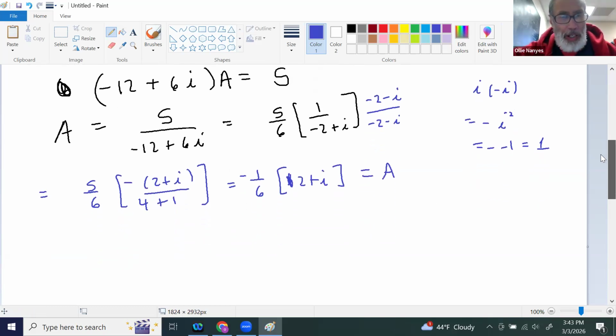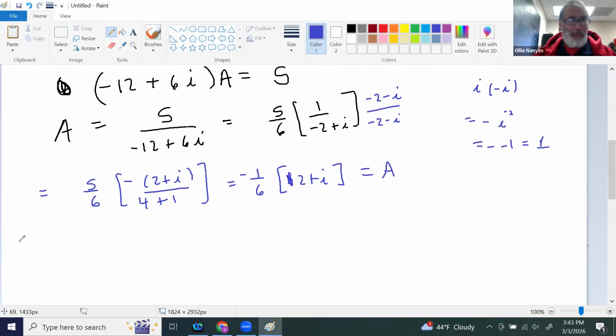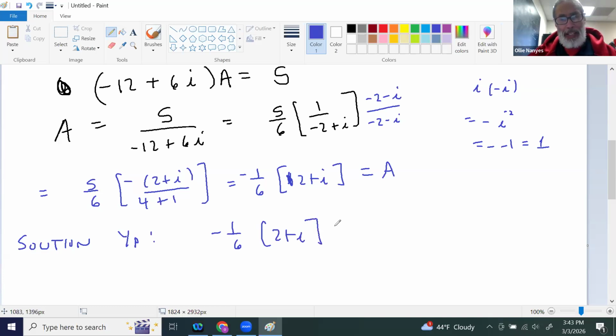So our solution, in other words, our y p solution, is going to be minus 1/6 times 2 plus i, times e to the 3it, because remember, this is our a. But remember, we want the complex part.